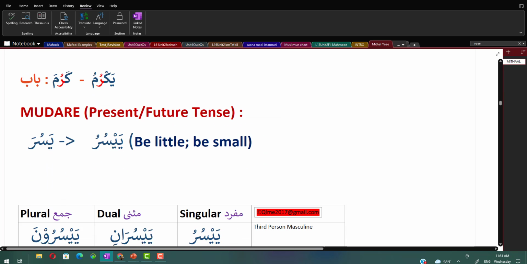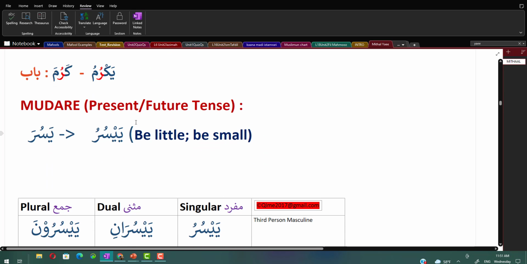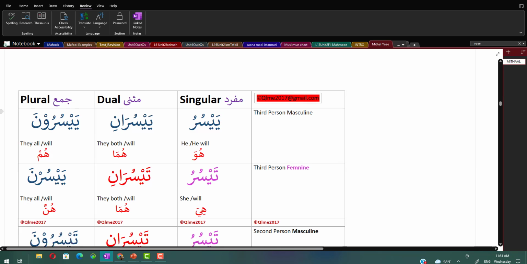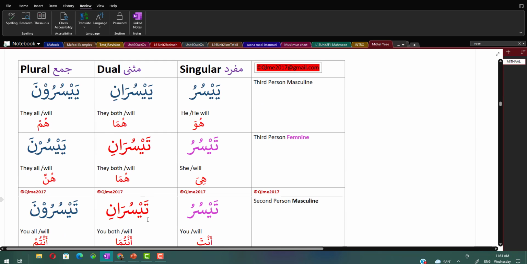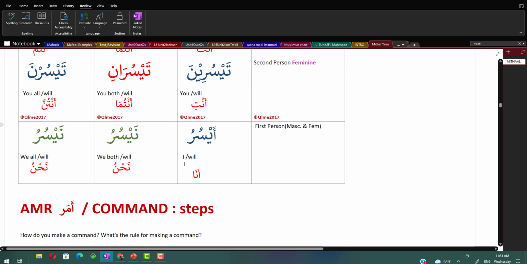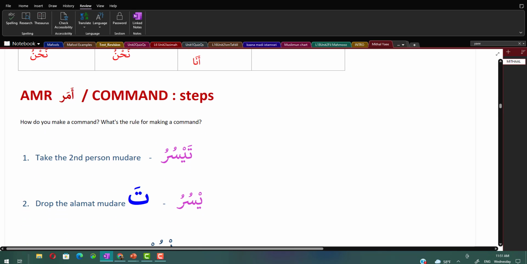And the mudari is karuma yakrumu becomes yasura yaisuru: yaisuru, yaisurani, yaisuruna, taisuru, taisurani, yaisurna, taisuru, taisurani, taisuruna, taisurina, taisurani, taisurna, aisuru, naisuru.